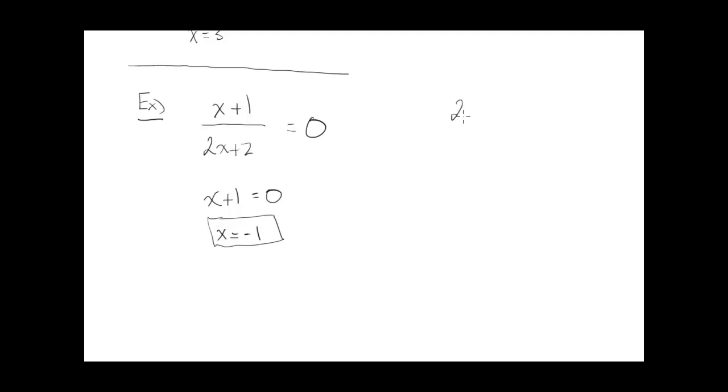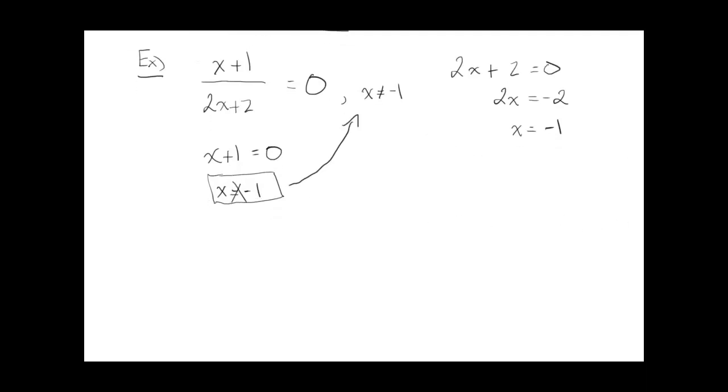If I had set the bottom, 2x plus 2, equal to 0, I would have had 2x equals negative 2, so x is minus 1. So x cannot be negative 1, because that would make the bottom equal to 0. I'm saying x equals negative 1 is a solution, but that was also a restriction. And if it's a restriction, it's not a solution. So this is actually not true.